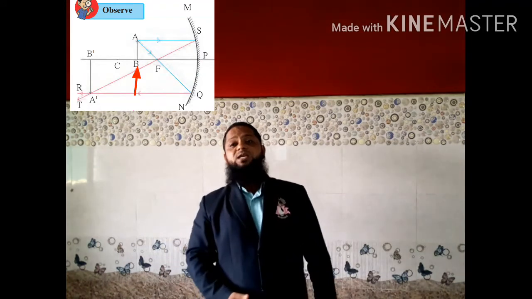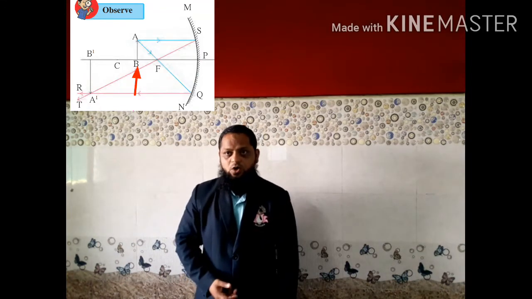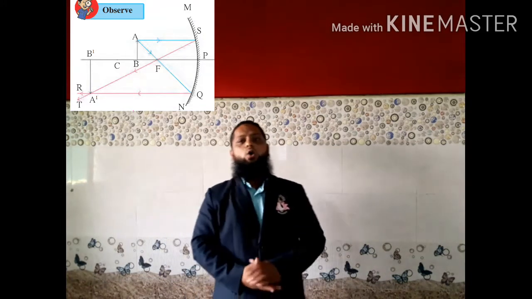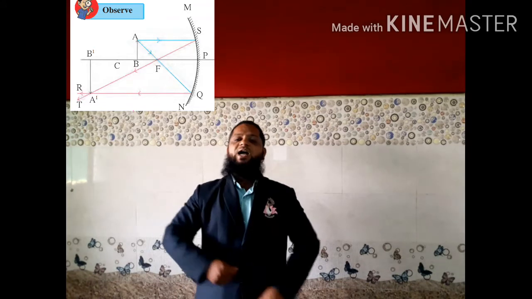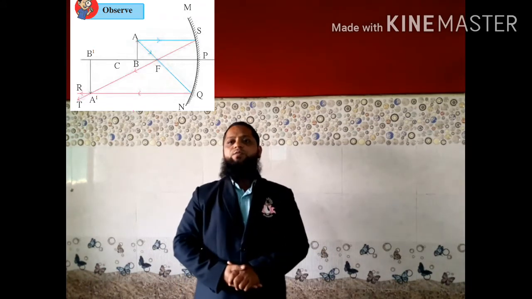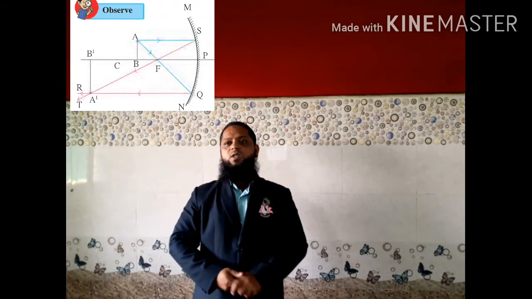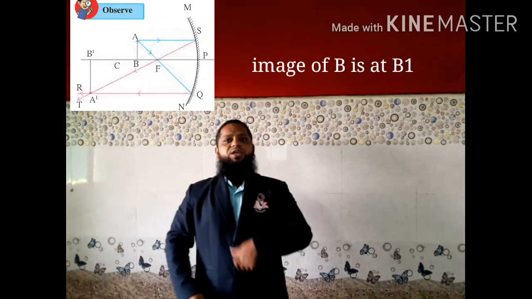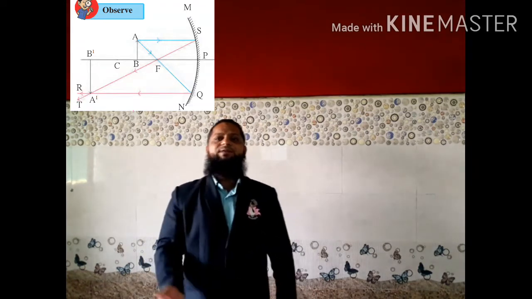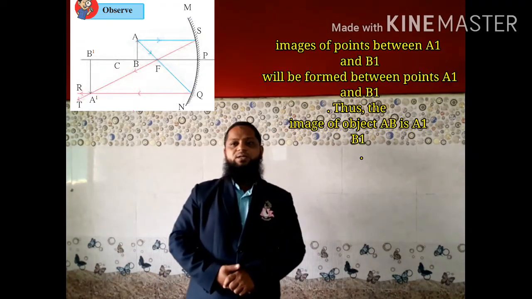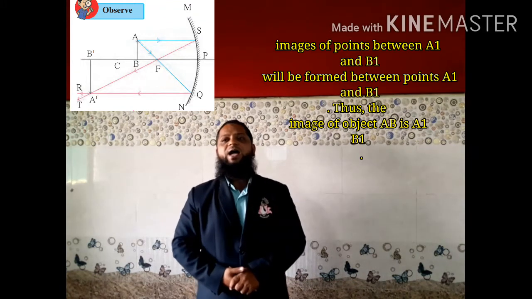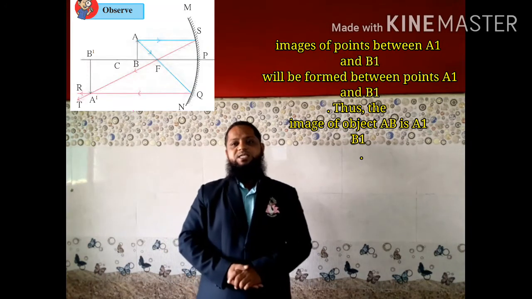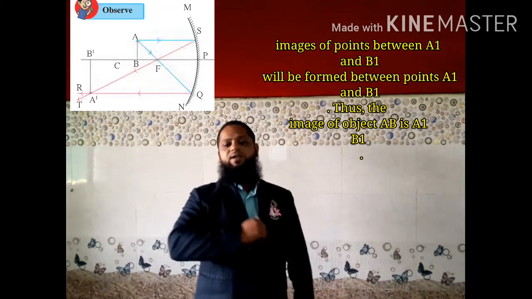The point B is situated on the principal axis, and so its image will also be on the axis and will be directly above A1. The image of B is at B1. The images of points between A and B will be formed between points A1 and B1. The image of object AB is A1B1.